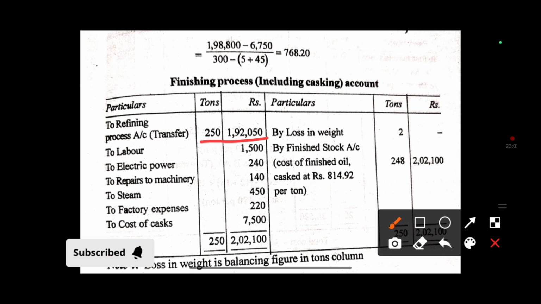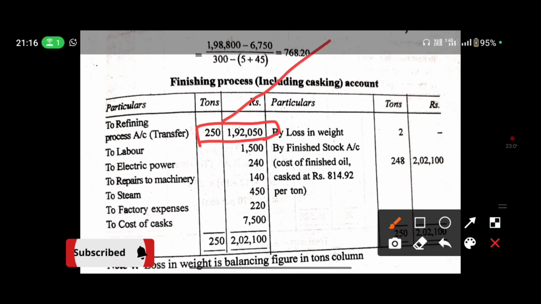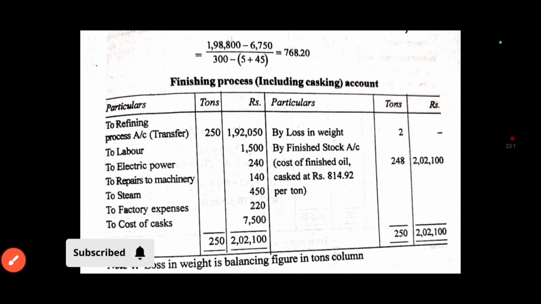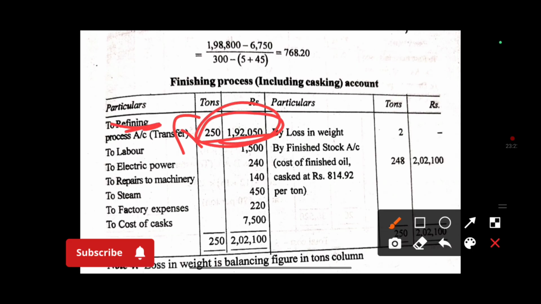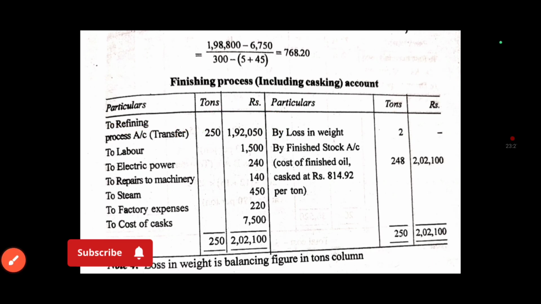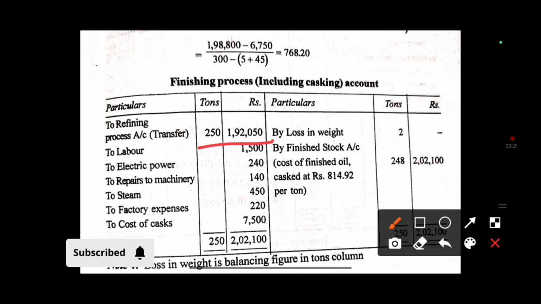It is transferred from the previous process, refining process, and entered into the finishing process. Against this value you are going to write 'to refining process', because these two outputs are taken from the refining process. Now it's considered as the input value, not called the output value. Now in this process we call it the input value.